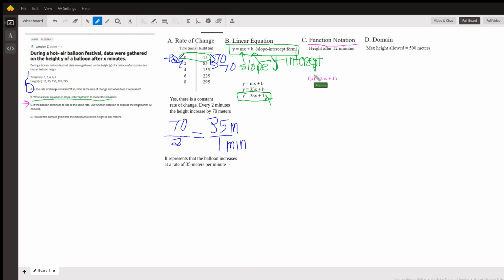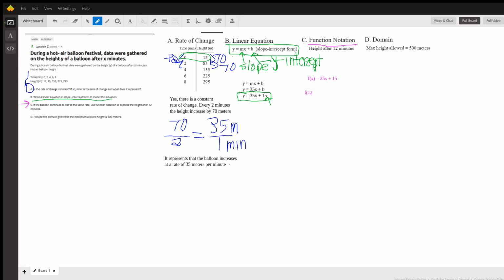Now I want to clarify this. That doesn't mean f times x. It's read f of x. And what that means is if I decide to plug in a value for x, now this question asked to express the height after 12 minutes. Remember, your x value is your time, right?